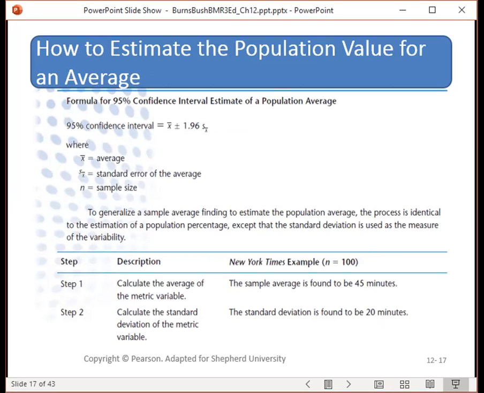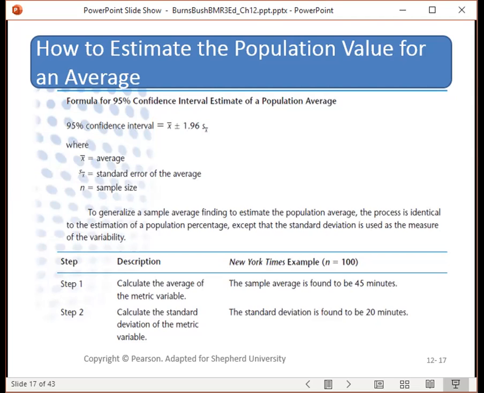So here we're going to do the confidence interval for an average for a quantitative variable. So X bar is the sample average. Then we have the standard error times the Z factor of 1.96 for a 95% confidence level. So the first step we do is calculate the average of the metric variable.